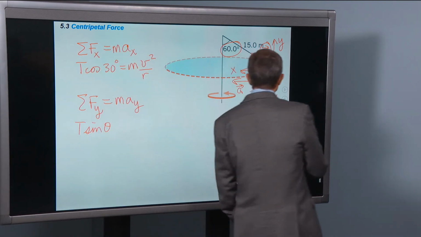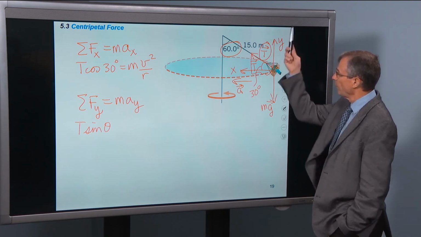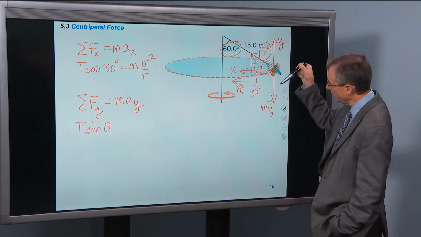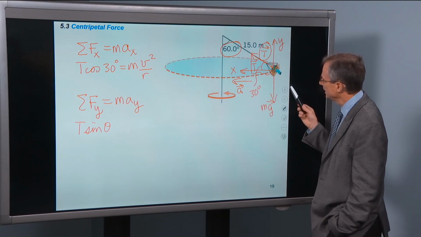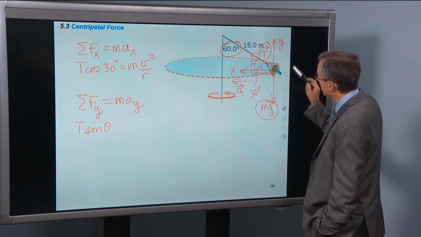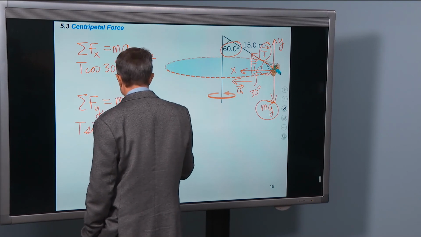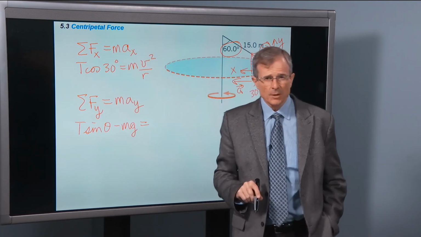And it comes in with a positive sign because the tension is pointing, not exactly in the plus y direction, but it's certainly not pointing away from y. It's pointing in the direction of y. So it's going to be positive. And then the gravity points in the negative y direction. And then equals the mass times acceleration in the y direction.